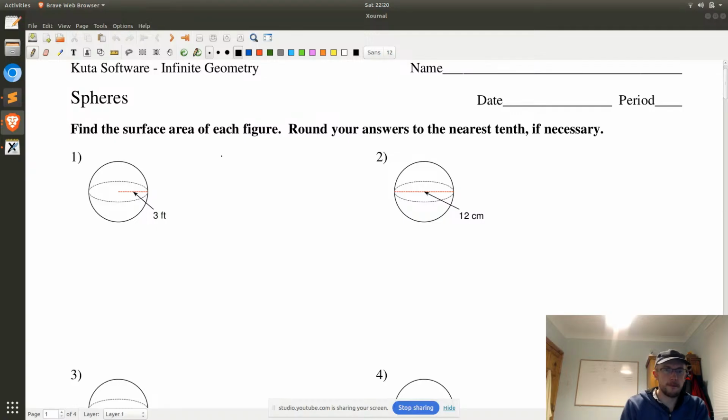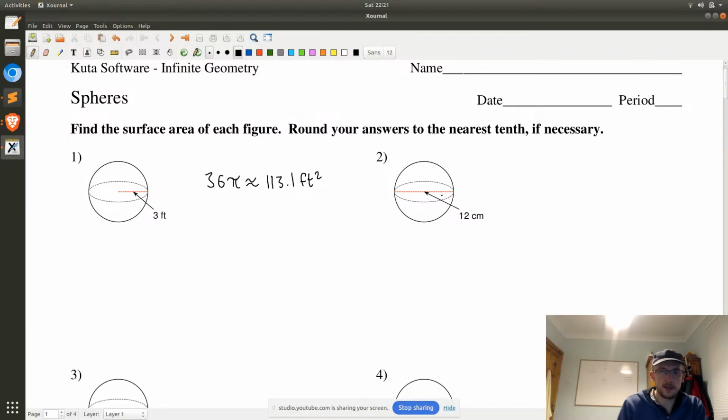Pi r squared, so pi by 9, so rather 9 pi and then 36 pi. So about 113.1 square feet.